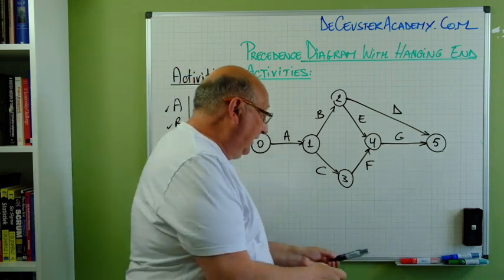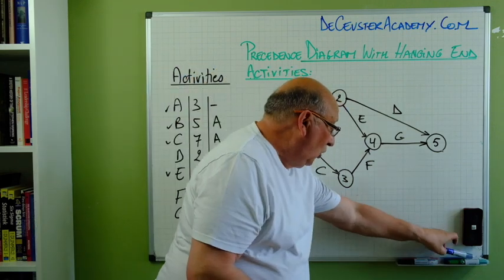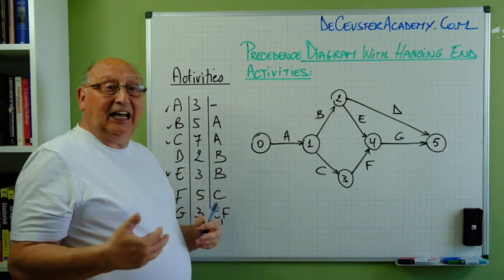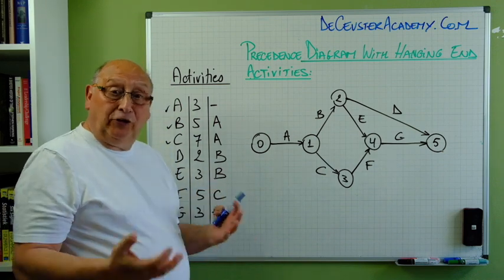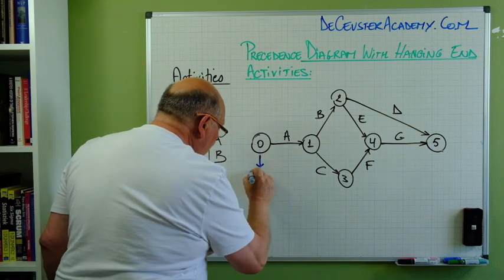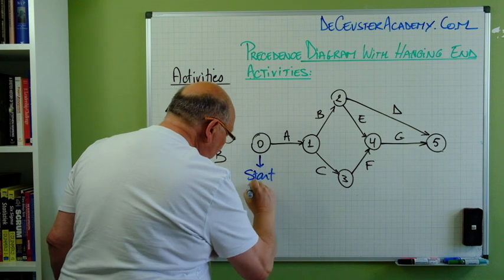Now we can calculate the early start and the early finish. And in this exercise, we always start from 0. Event 0 is the start milestone.